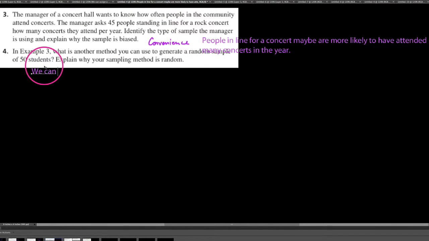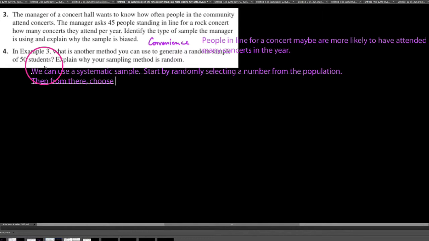So we can use a systematic approach. The way we'll do this for a systematic sample is start by randomly selecting a number from the population. We could do that on a calculator. Then from there, choose every nth person.